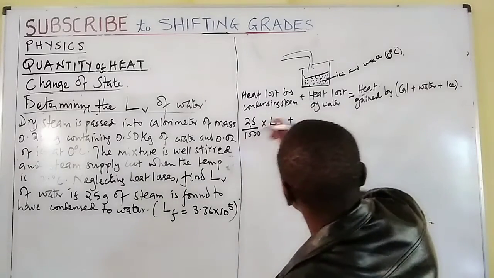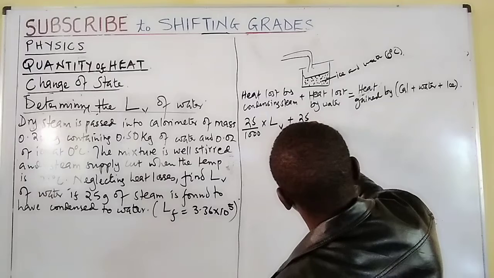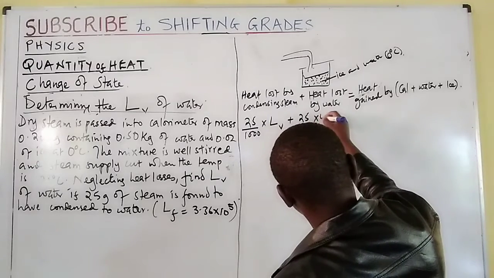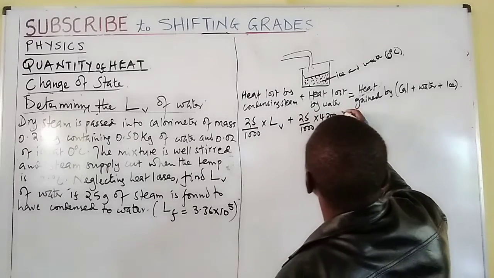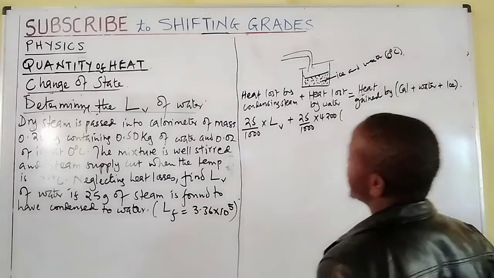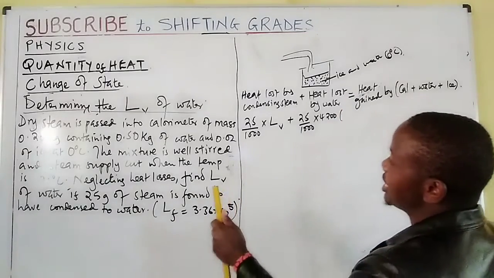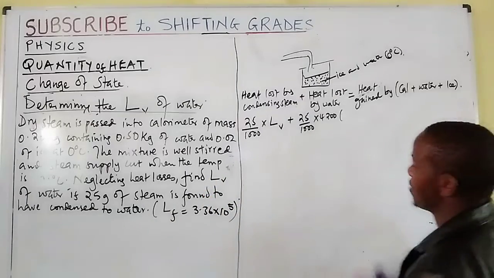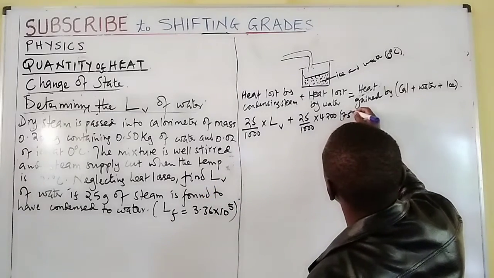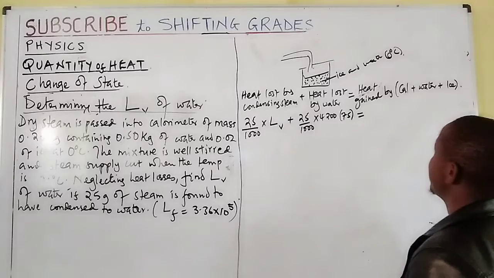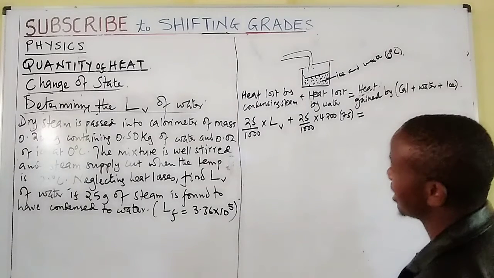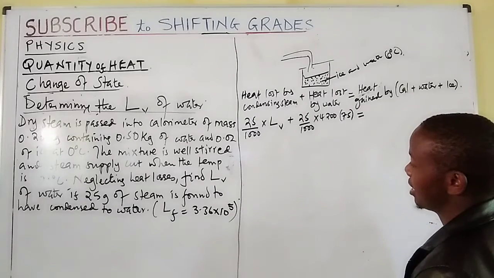So the water has this mass times specific heat capacity times change in temperature. It is at 100 after condensing to water, so it dropped to 25, meaning 75 is the change in temperature.